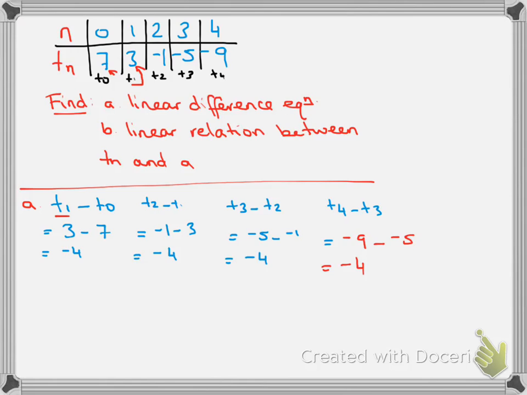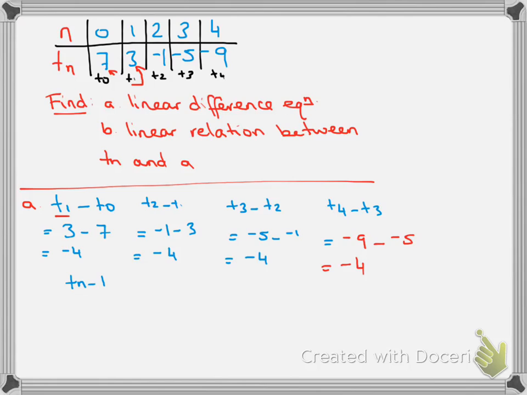Anyway, we get an answer of -4 again. So we can see all the way along there, the difference between them is equal to -4. So it's a constant difference. If it's constant, it means that it actually is linear. So if we were to write this into our equation that is slightly rearranged from what we're used to, we would have something that looks like this.